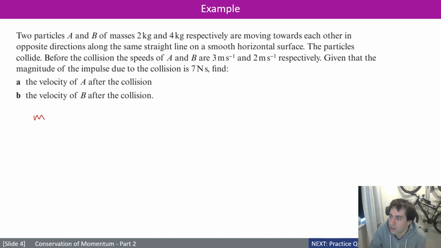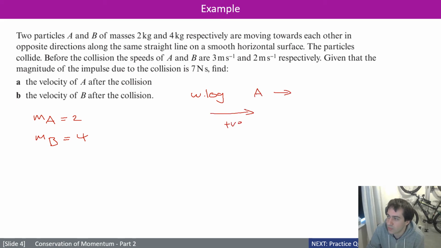So we've got mass of A equals 2, mass of B equals 4. The speeds of A and B are 3 and 2 meters per second respectively. They are going towards each other. So without loss of generality, let's say A is going to the right, and I'm also going to take right as positive.